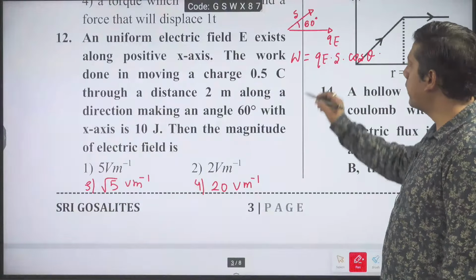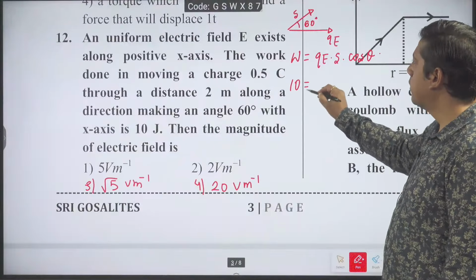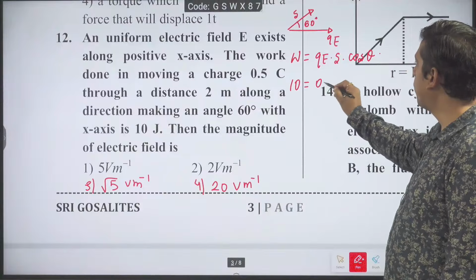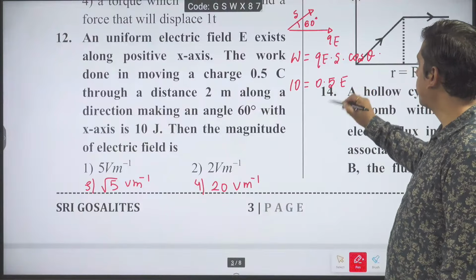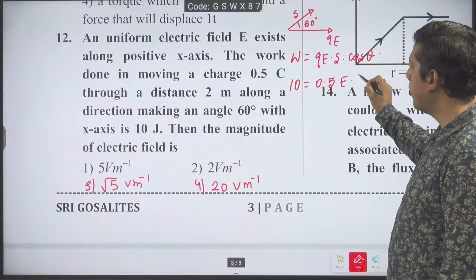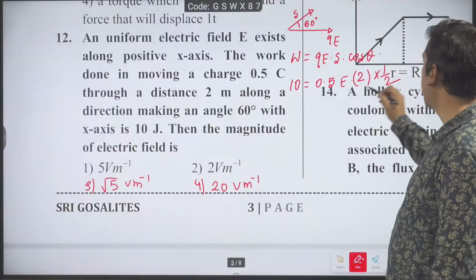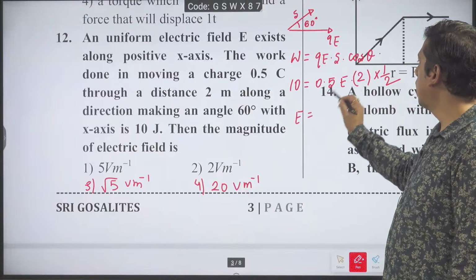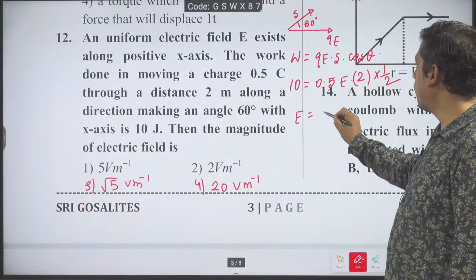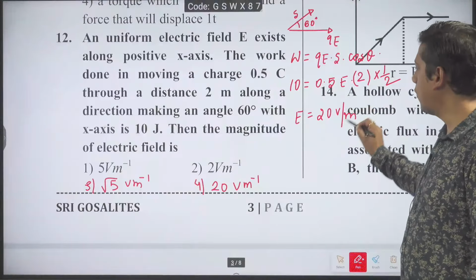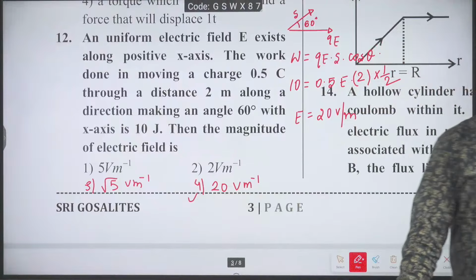Work done given is 10, charge given is 0.5, displacement is 2 meter, cos 60 is half and the 2 cancels. E will be 10 divided by 0.5, which is 20 volt per meter. Option 4 is correct.